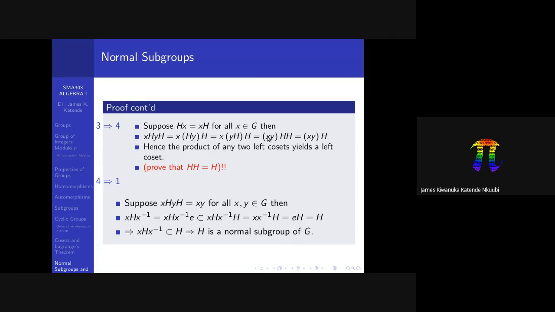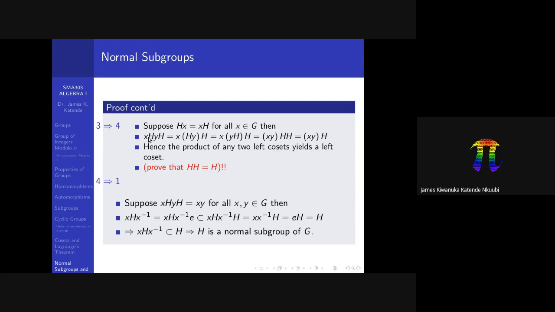So I'm left with this as xy and hH. So this is just the same as xyH. So hH is equal to H. You can prove that. I've given you that assignment down here to prove that HH, if H is a subgroup, then HH will just be equal to H.